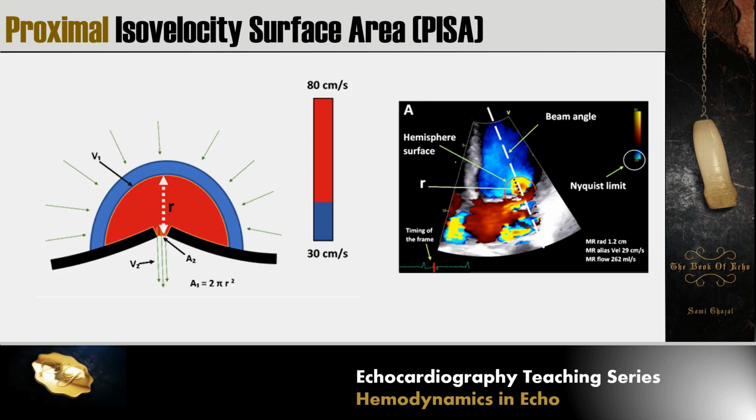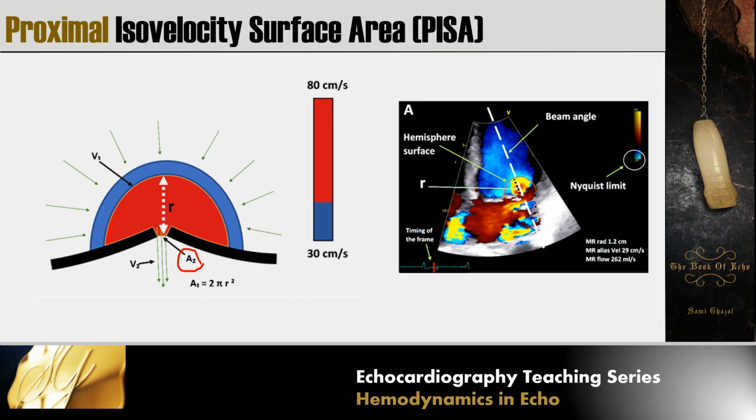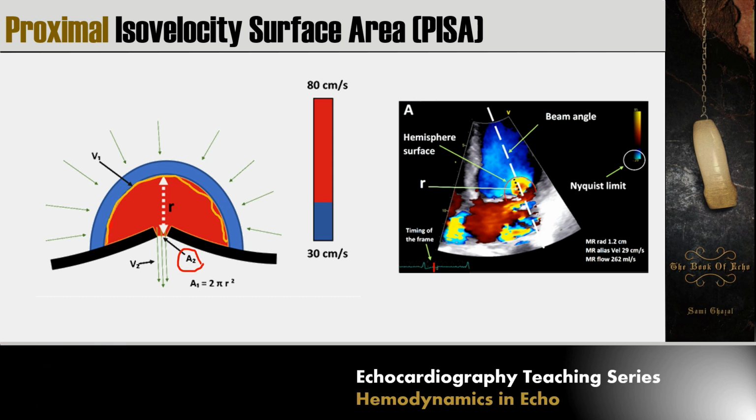So this is the same thing that we talked about. This is an opening here, we call it A2 or area 2, which we would like to know. V2 we can directly measure by continuous wave Doppler, and V1 is the velocity of the flow at the surface of this hemisphere. How do we know this velocity?